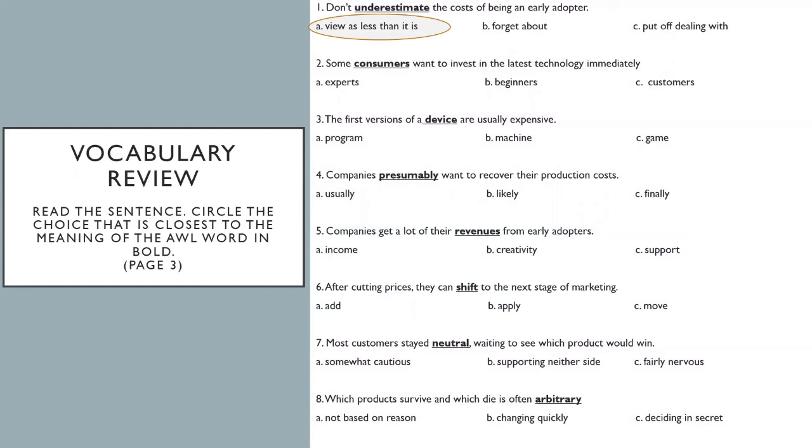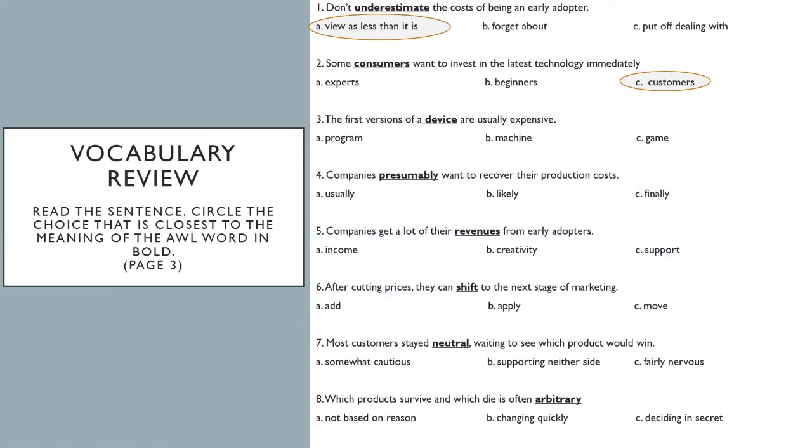Number 2, some consumers want to invest in the latest technology immediately. Consumers would be C, customers. Consumers are people who consume something, they buy something, okay? So people who buy things are customers. Number 3, the first versions of a device are usually expensive.